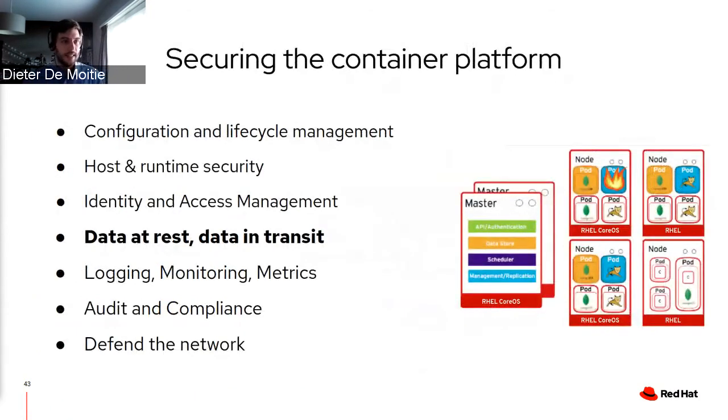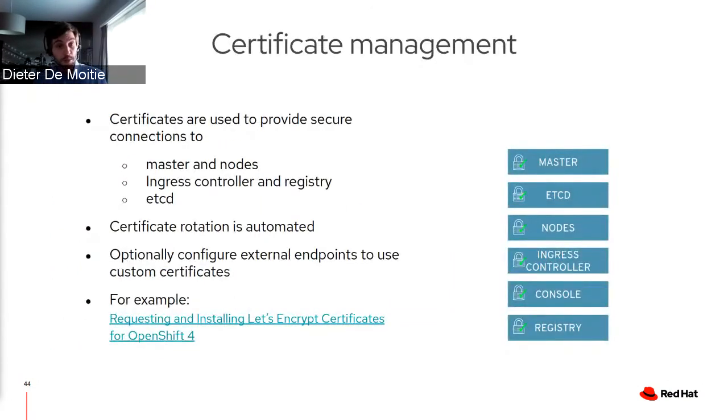Then there is data at rest and data in transit. Internally in OpenShift, there are many different components talking to each other, and for that, certificates are being used. There is a root certificate authority in OpenShift that creates a certificate for all these components. So communication is encrypted for many of these things, and those certificates are automatically rotated.